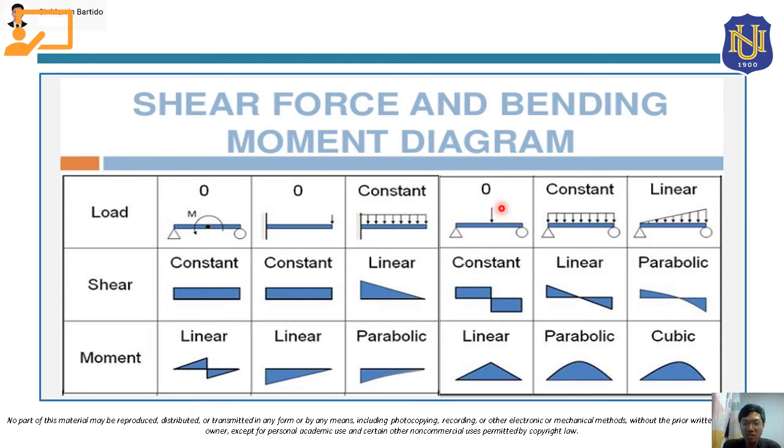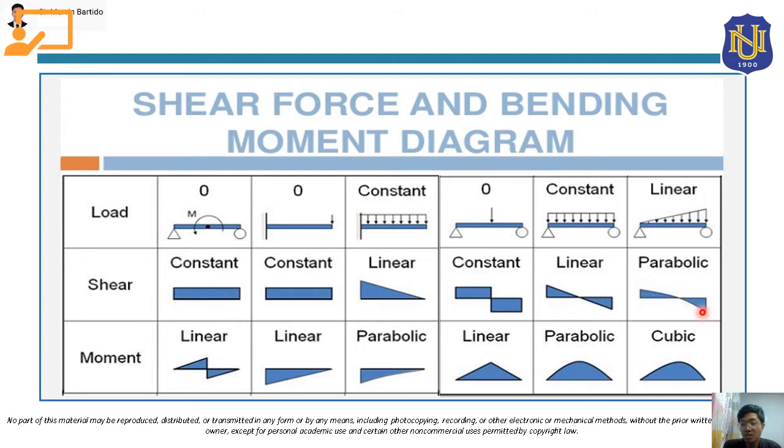Also here, for this point load, or concentrated load, its shear will be rectangles and its moment will be triangles. This is uniform loading, so its shear will just be a triangle and its moment will just be parabolic. And for cases where the applied loading is triangular loading or varying load, its shear will be parabolic.